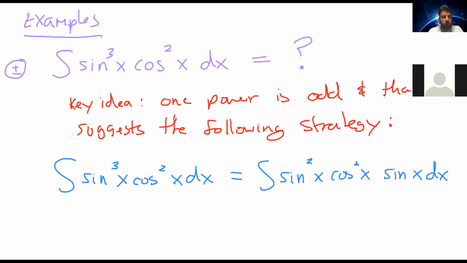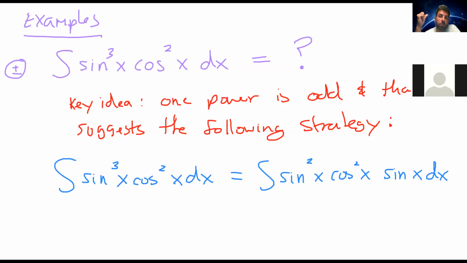So the first thing is you need to understand that what I wrote is legal. It makes sense. I didn't do anything. I'm just writing the same thing in two different ways. Now look, your intuition might say, okay, I see sines and cosines, so why doesn't a u sub work?